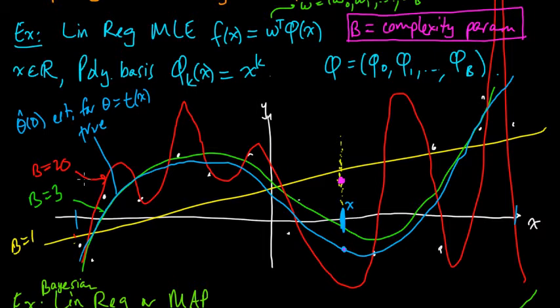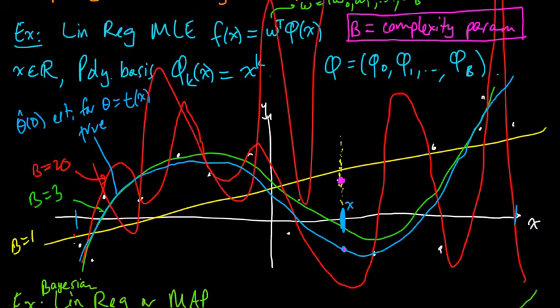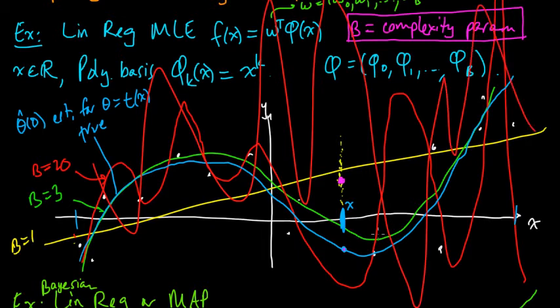Now let's think about big model complexity. Let's think about when b was 20. And let's think about if we got different samples from our data and we took the maximum likelihood estimate for w for that model, for the model with b equals 20. Well, what are we going to get? We're going to get all kinds of other crazy curves, right? Maybe we get one like that, and so for this one, we had a value down here from our original sample, and this one's way up here.